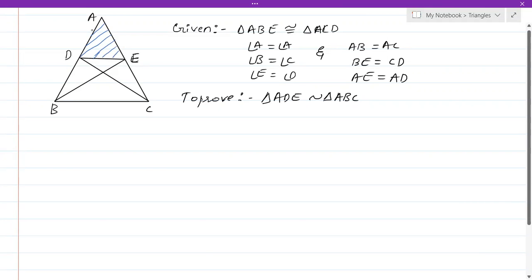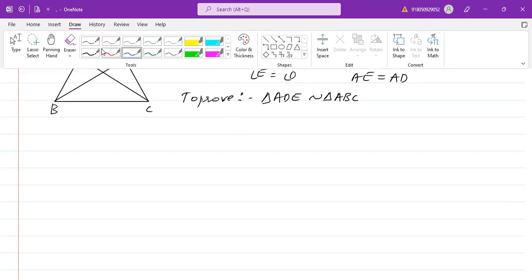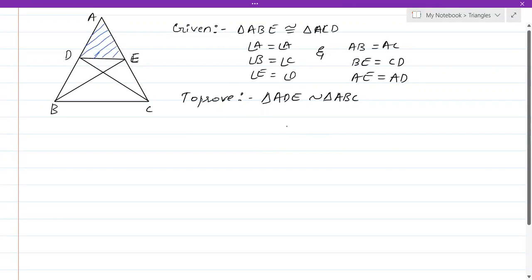We have to prove that the smaller triangle and the big triangle are similar. Okay, let's do that. If you observe, in both the smaller triangle and the bigger triangle, that is ADE and ABC, angle A is equal, isn't it? So angle A is equal to angle A, common angle, or you can also write given.